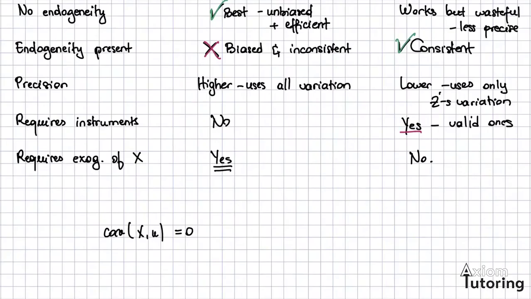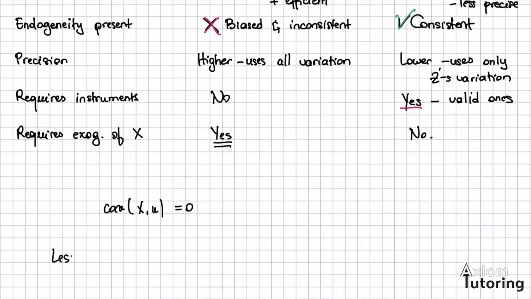But before we conclude this video, just a little reminder. Why is IV less precise in general? IV deliberately discards part of the variation in X, because it's only keeping the variation explained by the instrument. Less variation used is equivalent to larger standard errors.